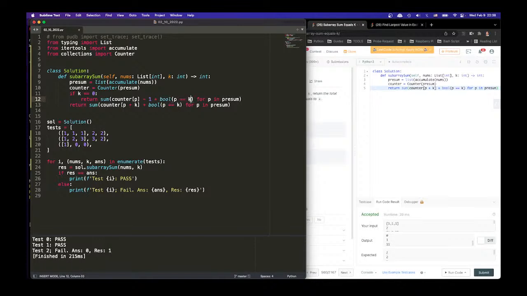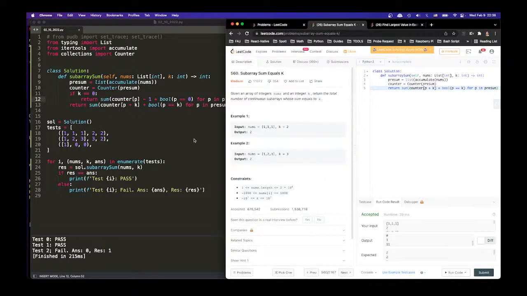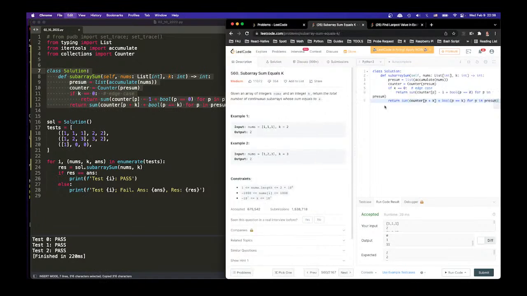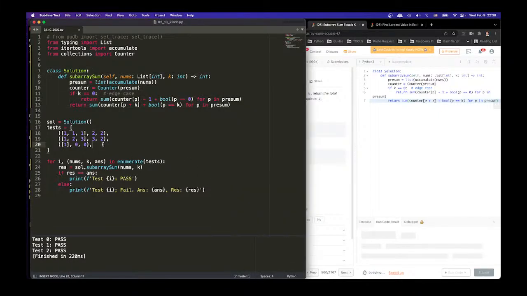And then okay, edge case. Not sure, there might be other edge cases. For example, if we have 0 by itself, I think I found another edge case. If it's 0 by itself, it should be 1.